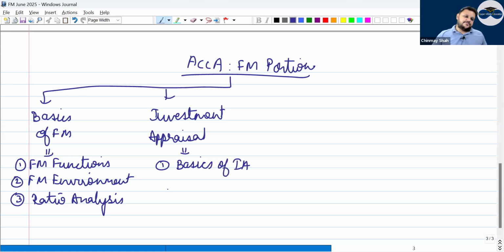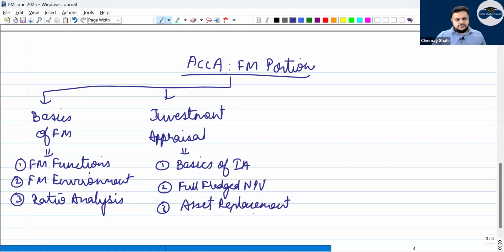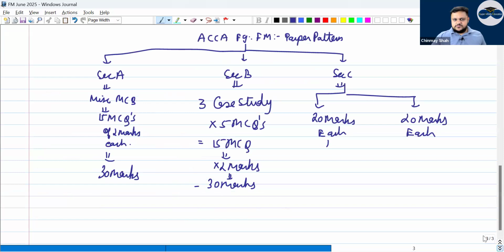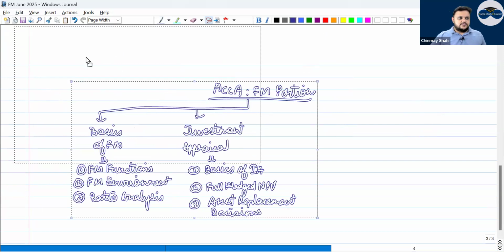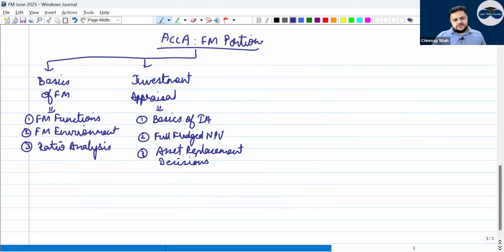You have basics of investment appraisal. You have full-fledged NPV. Then you have asset replacement decisions.